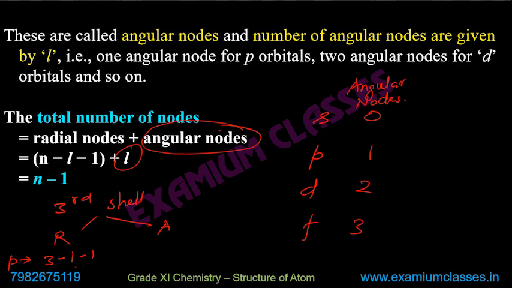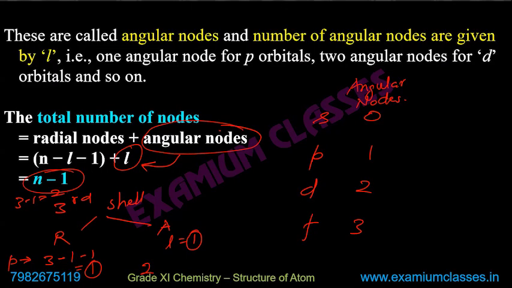Okay. Radial nodes will be 1. Angular nodes is the value of L only. So L is 1. It means 1 radial, 1 angular, total 2. And if you apply this formula, 3 minus 1, total 2.